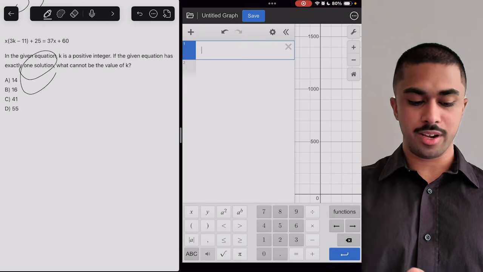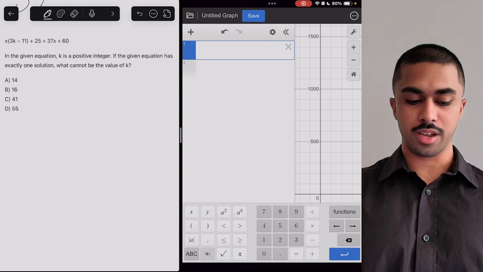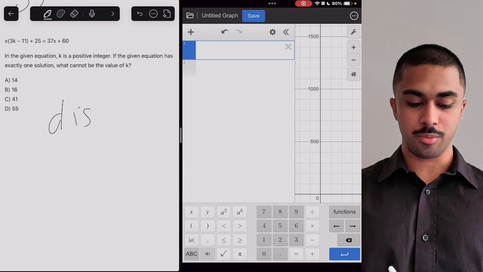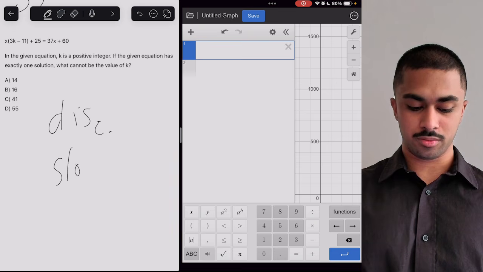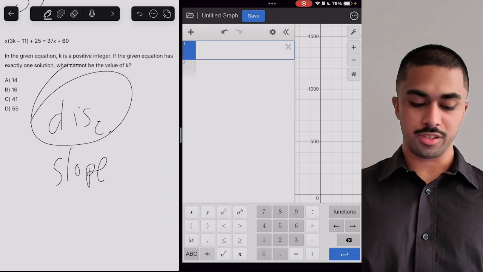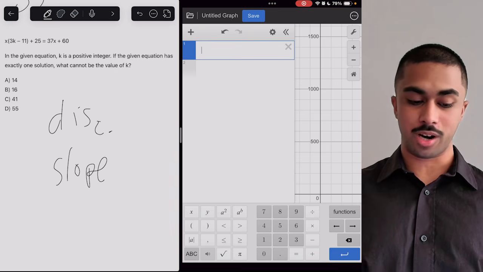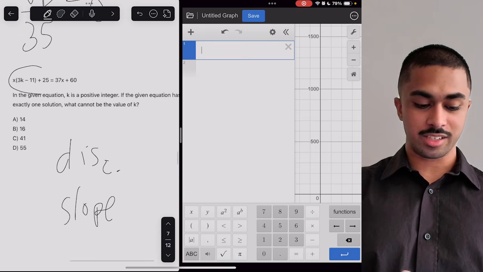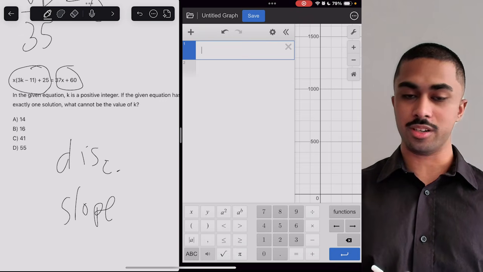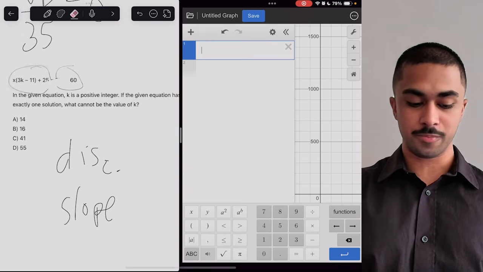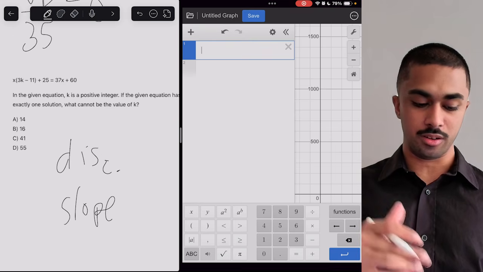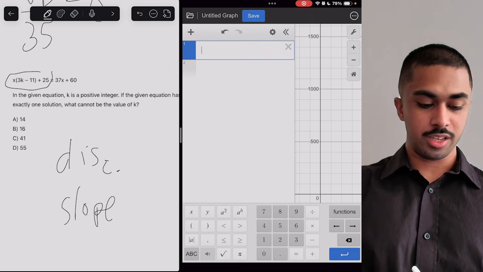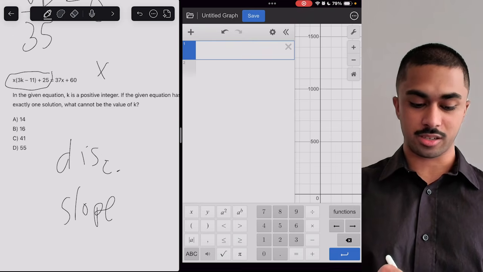Anytime you are given a number of solutions on the SAT, it either involves the discriminant or slope. The way that you know if it's discriminant or slope is if there's a parabola. In this system of equations, because we can treat each side of the equation as its own equation, this one is not a parabola because it's x to the power 1, and there's no y.